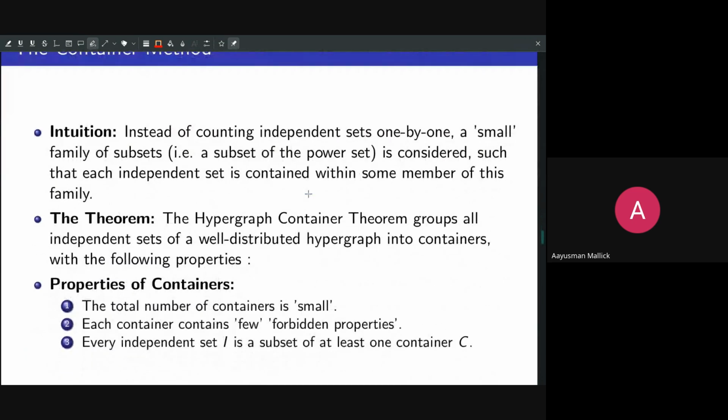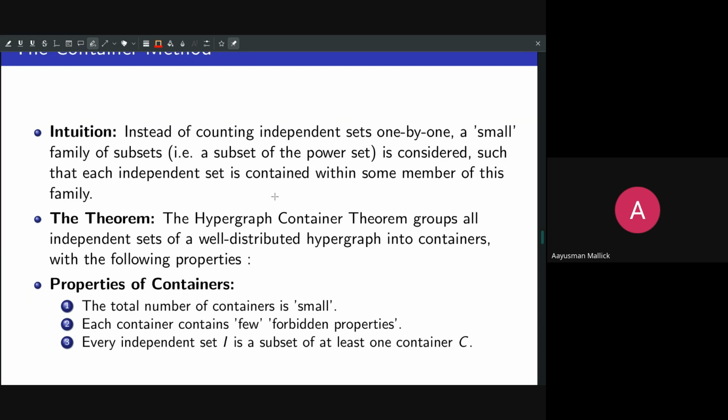Now for the hypergraph container method, which is quite a recent abstraction. The method was used before in some of the proofs, but it was not proved, or to say it better, it was not generalized.